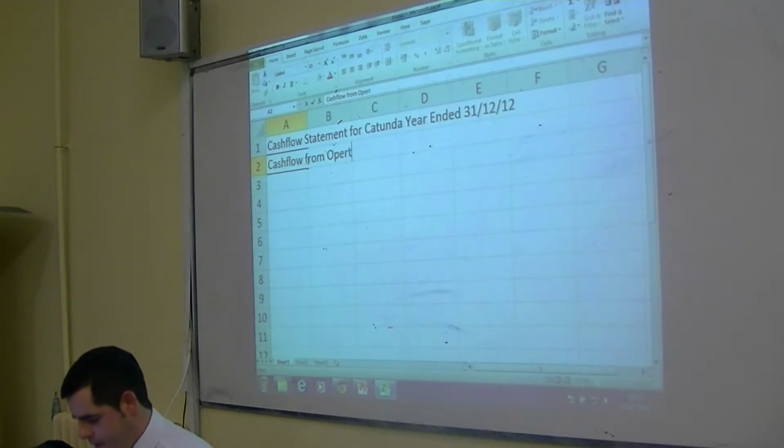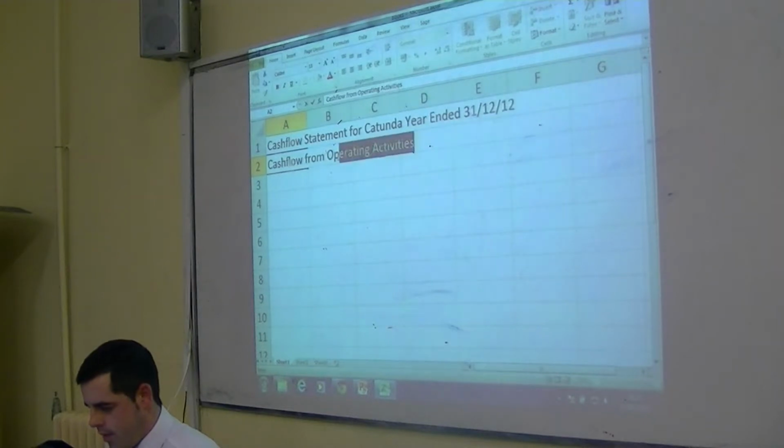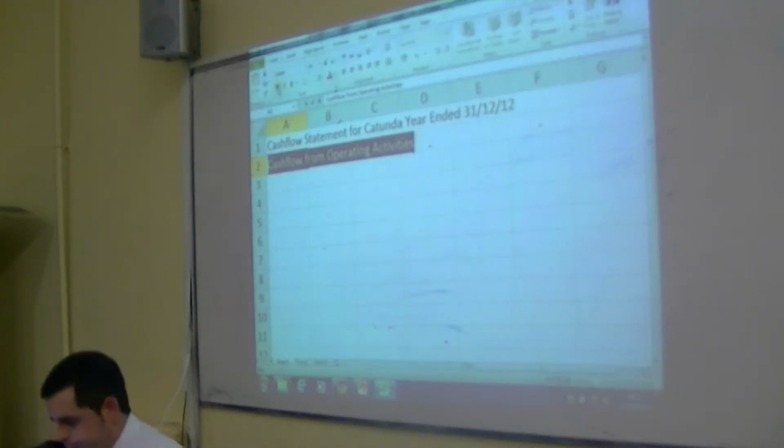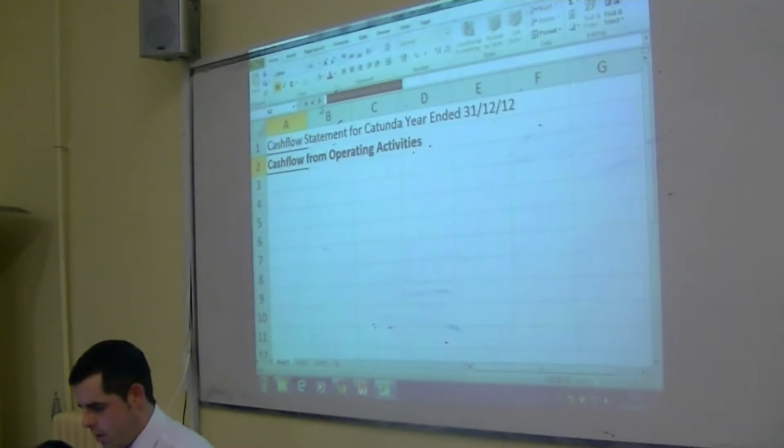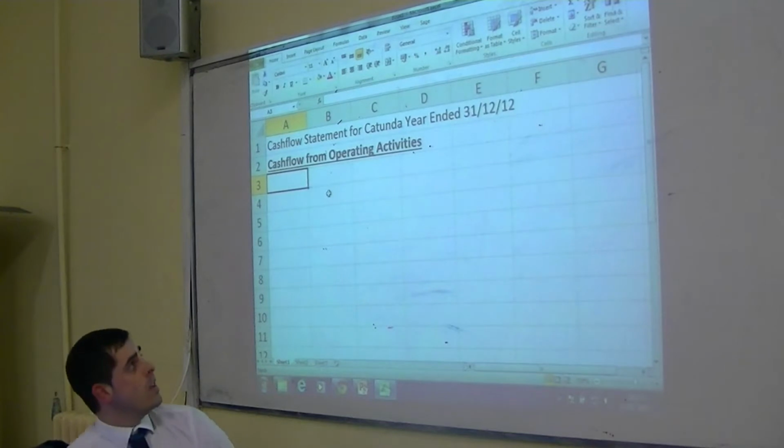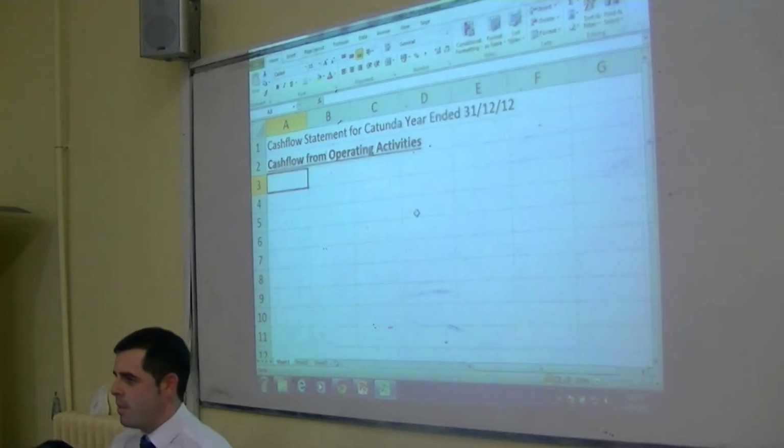Okay, so that's going to be our first one, cash flow from operating activities. Can you see that, Harry? Could I make it bigger?